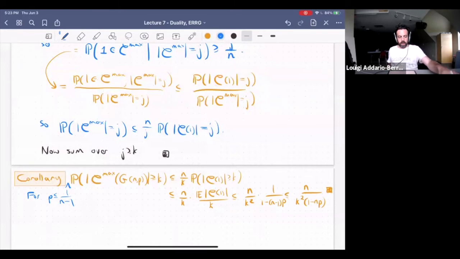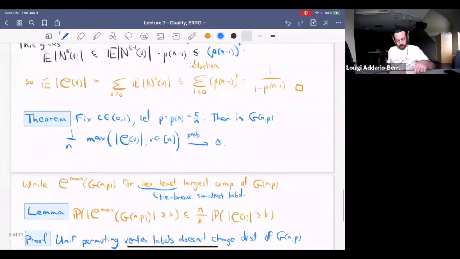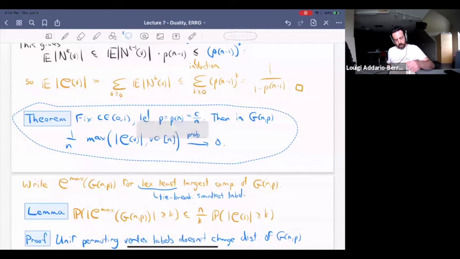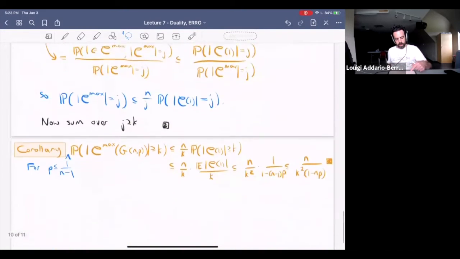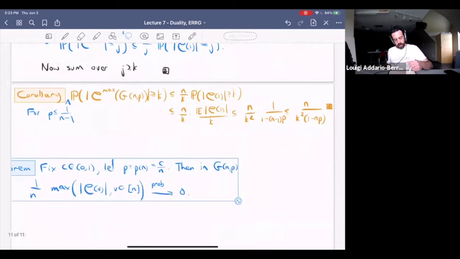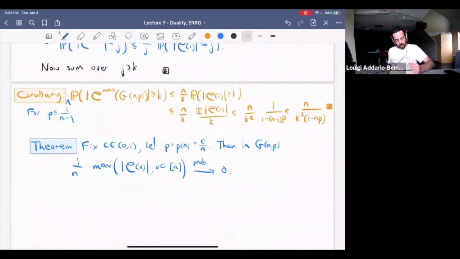Okay, so let's now use that bound to prove the theorem. Remember the theorem said that the largest component, with high probability, is sublinear when p is c over n for c less than 1. There's the theorem, and its proof isn't very hard now, right?